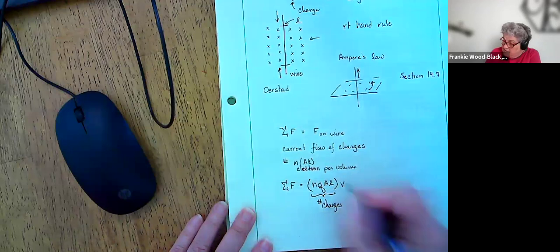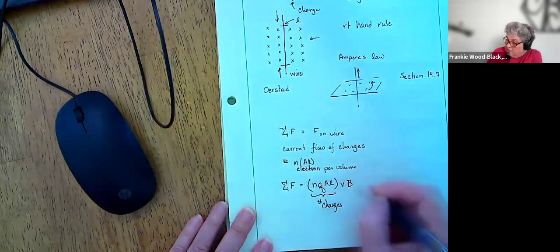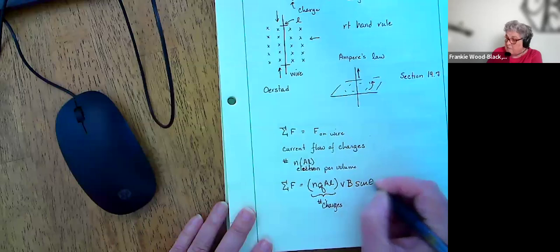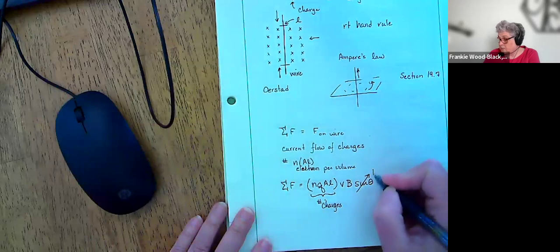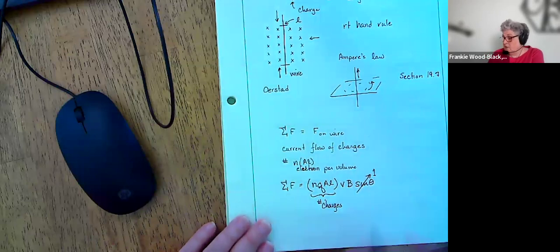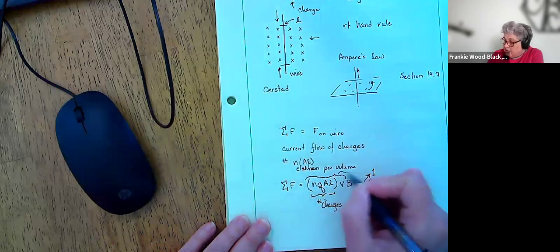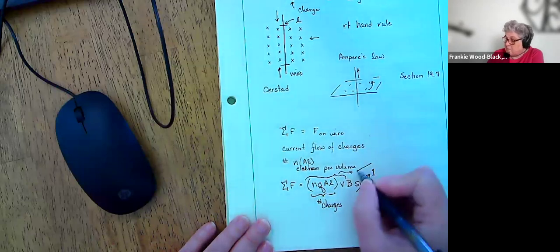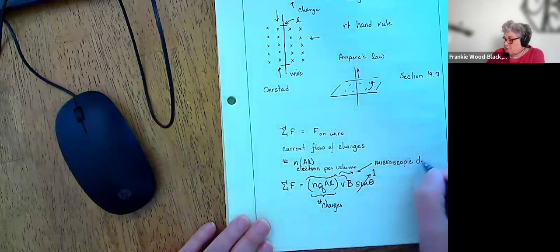Then I have my velocity, my magnetic field, and the sine of the angle. With my setup like this, the sine of the angle is equal to 1. Back when we dealt with resistance and defined current, we looked at this idea and showed that this was the microscopic definition of current.